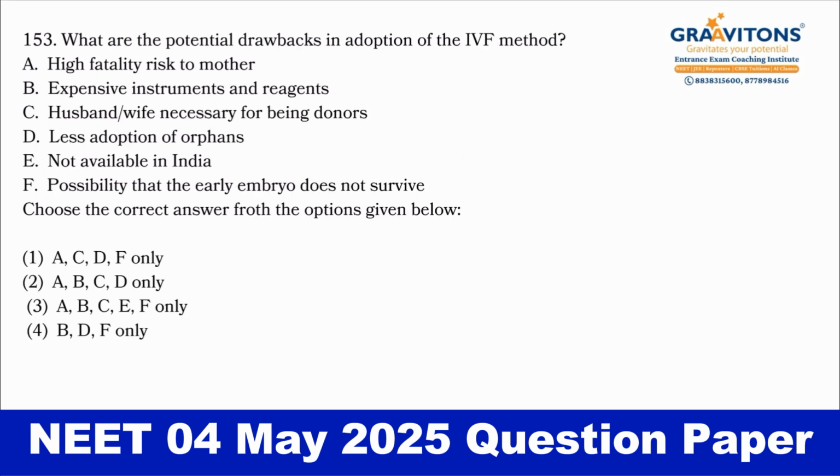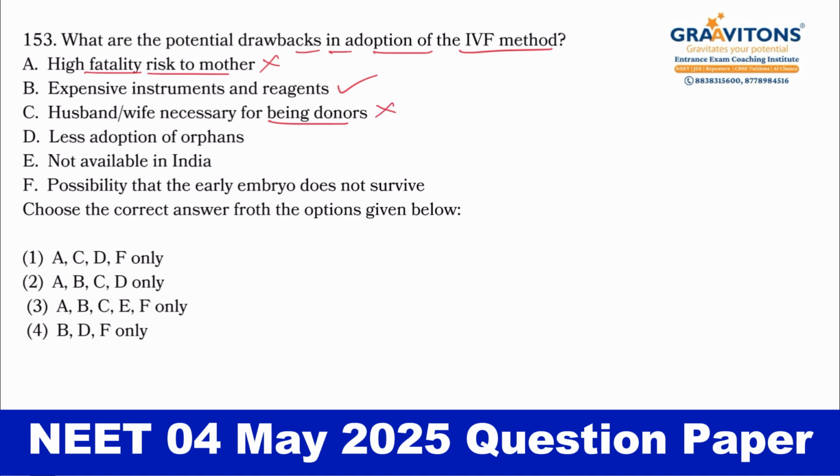The next one, what are the potential drawbacks in adoption of IVF method? So in adopting the method, what are all the drawbacks? So first one, high fatality risk of mother. No, there is no maternal fatal rate in IVF. Expensive instruments and reagents, yes, it is true. Then husband or wife necessary for being donors, this is also not required.